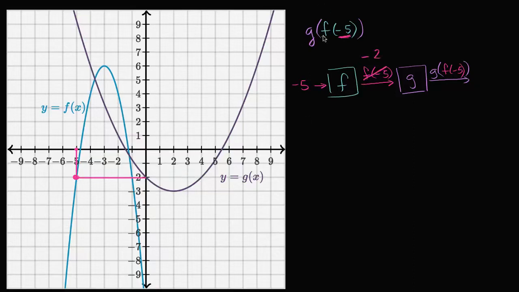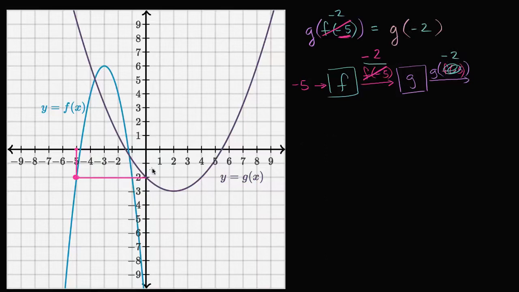And so instead of saying g of f of negative 5, we could say, well, f of negative 5 is just negative 2. So this is going to be equivalent to g of negative 2. We're going to take negative 2 into g, and we're going to output g of negative 2.